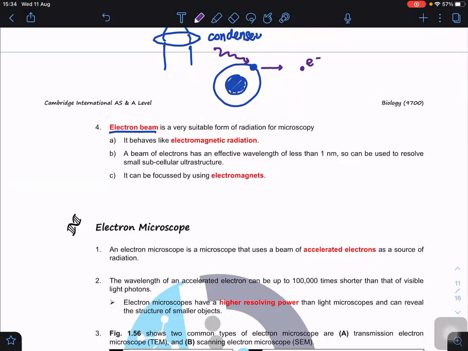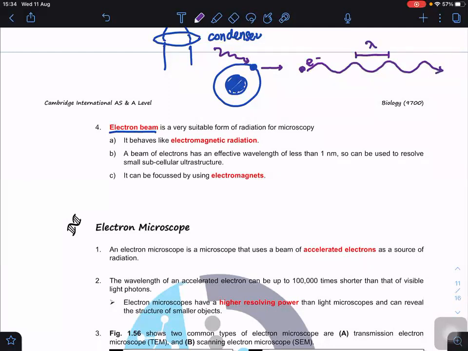Because it gains high energy, this electron will move towards the direction that you want, like a gun shooting bullets in the direction you want them to go. When they move, these electrons will behave like electromagnetic radiation with a wavelength.